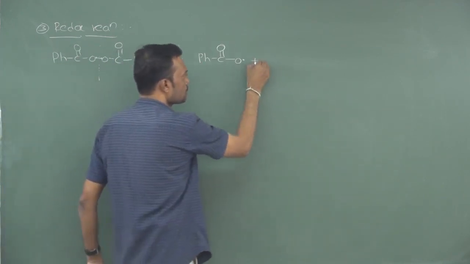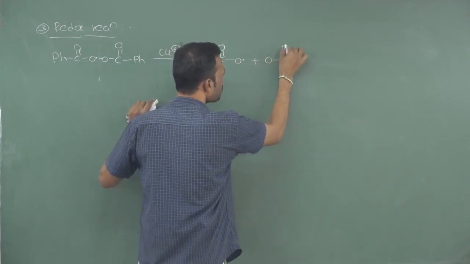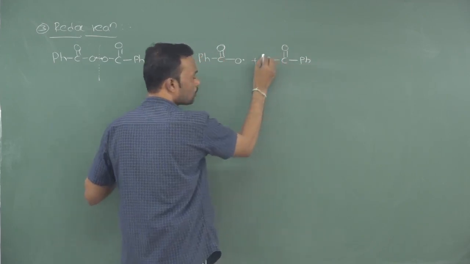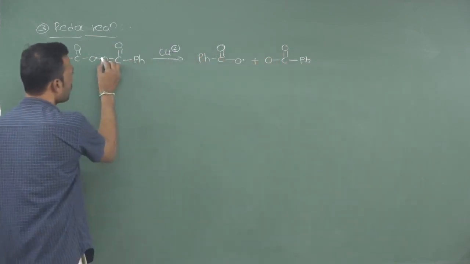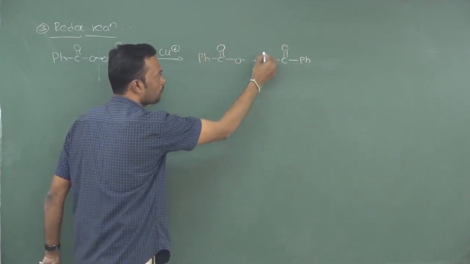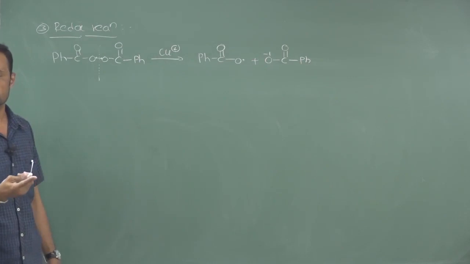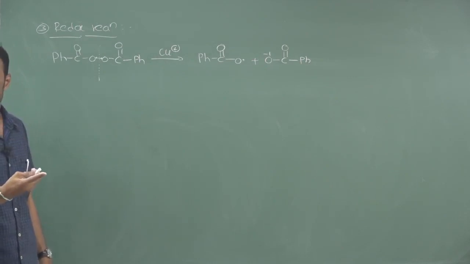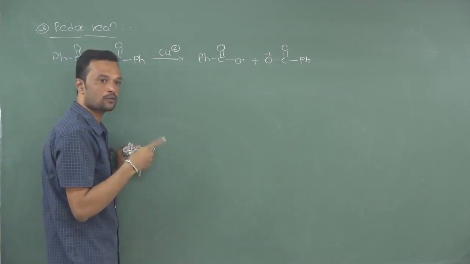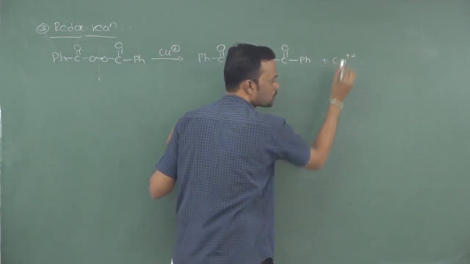So, if this part takes the electron, can I write two electrons here? This electron already belongs to oxygen and one extra electron I am writing comes from copper. Can I write minus one? What does minus one indicate? Minus one always indicates one extra electron. Now, what about copper? Copper plus one becomes plus two.